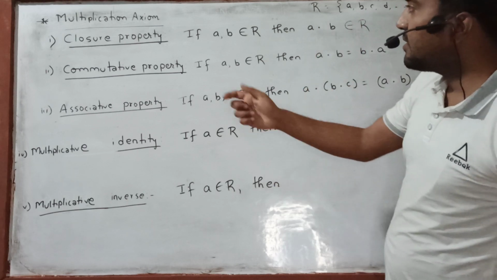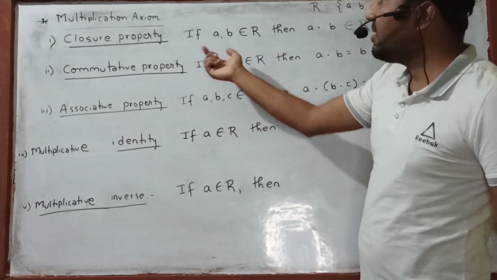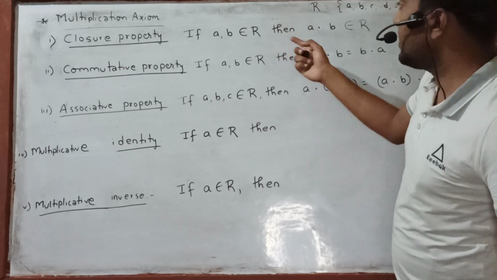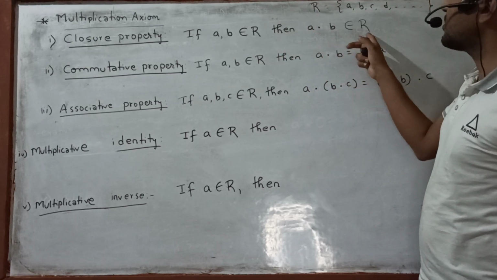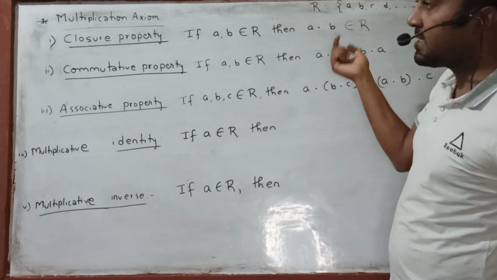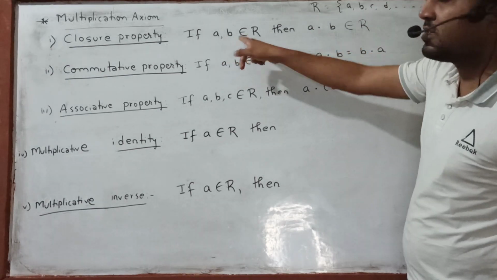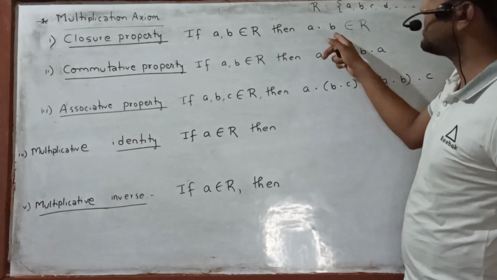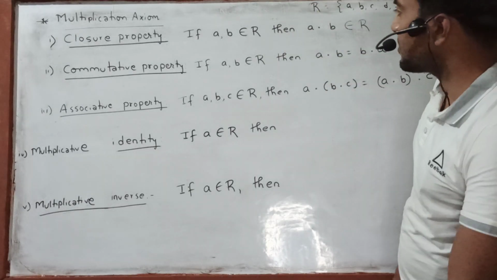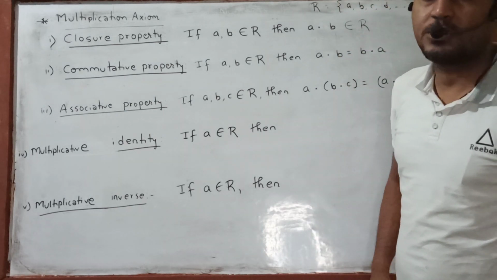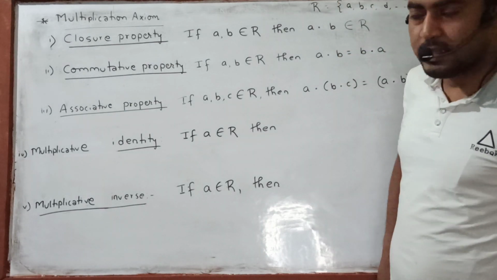In closure property, if a, b belong to the set of real numbers, then a into b also belongs to the real numbers. For example, 2 into 3: if 2 and 3 are real numbers, then 2 times 3 is 6, which will also be a real number. That is closure property. So we can say that the set of real numbers is closed under multiplication as well.